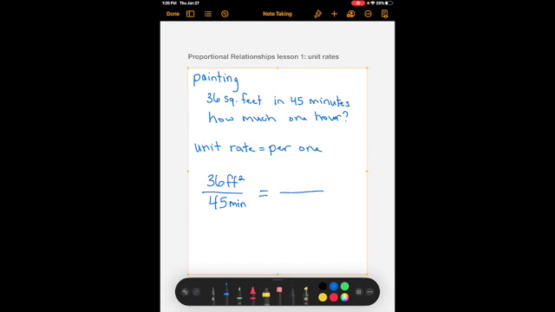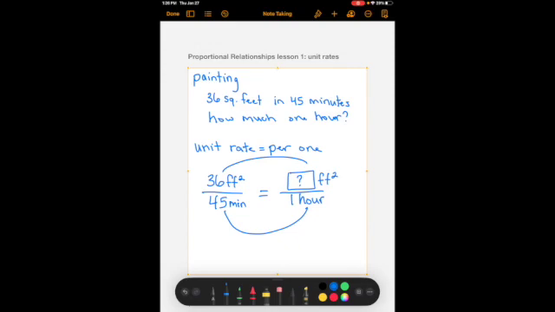And our goal is to find out how much they will be able to paint in 1 hour. Now, the first thing is we need to make sure that the units that we're using are the same. So both top numbers are in feet squared, and both bottom numbers have to be in either minutes or hours.